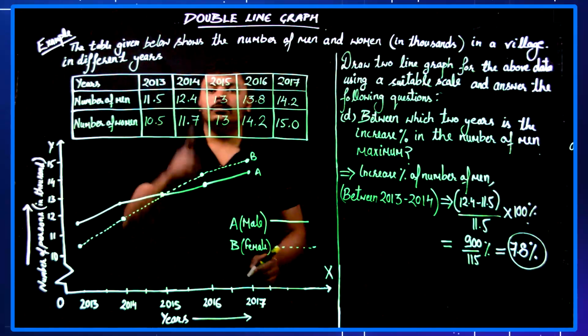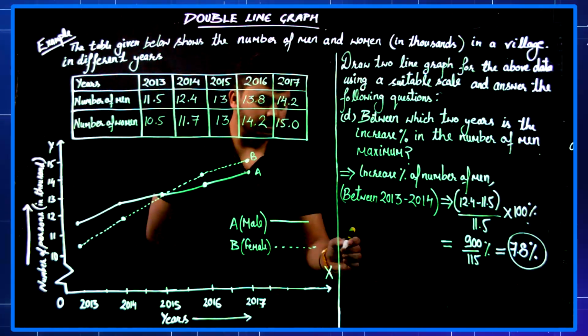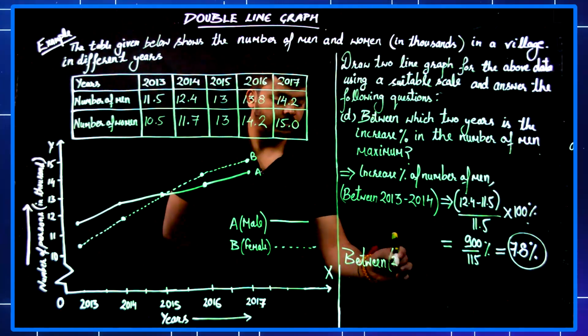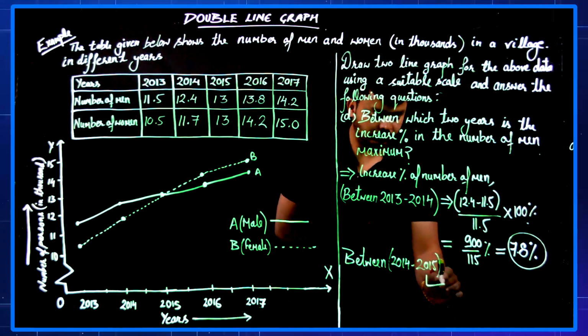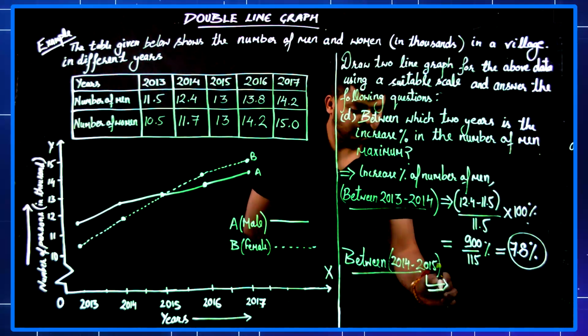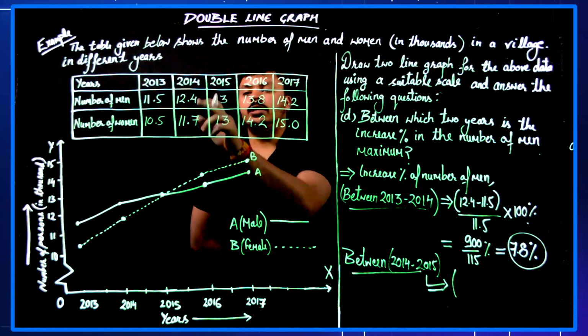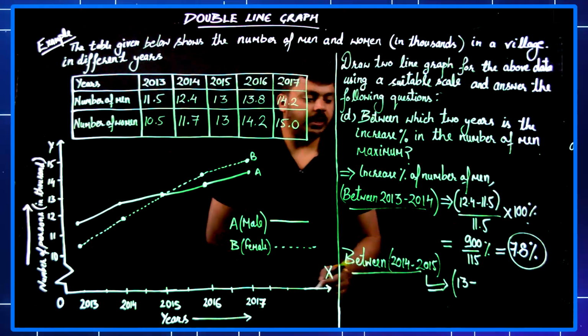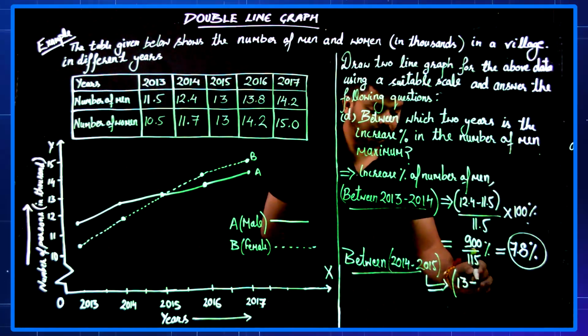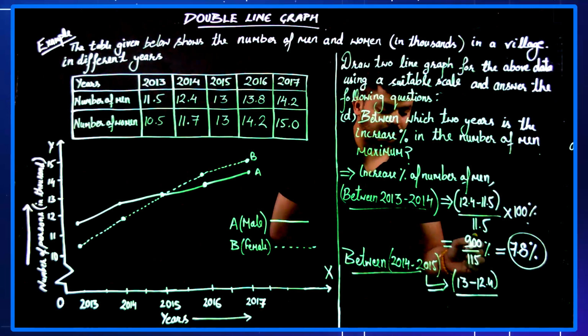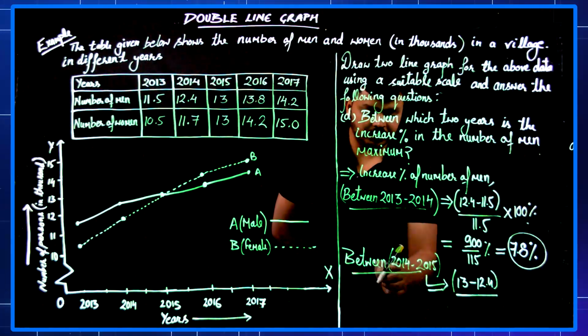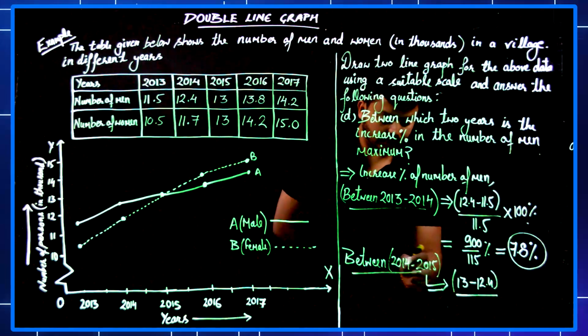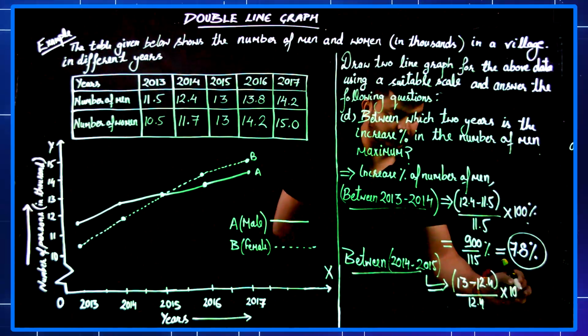Now similarly, between 2014 to 2015. In 2015, the number of men was 13. So 13 minus the number of men in 2014, that is 12.4, divided by the base, which we take as the first year, that is 2014, so divided by 12.4 into 100%.